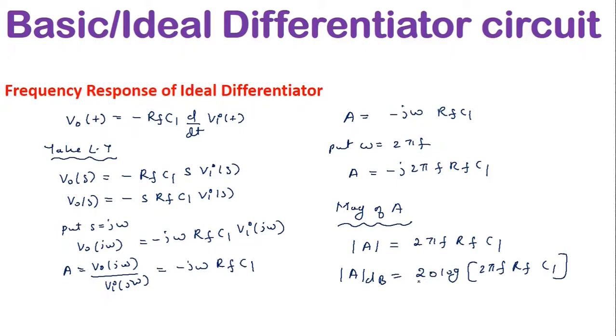Because of this plus 20 term in the equation, the slope of the line of the frequency response is plus 20 dB per decade.